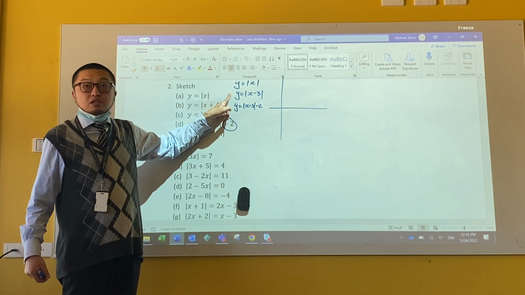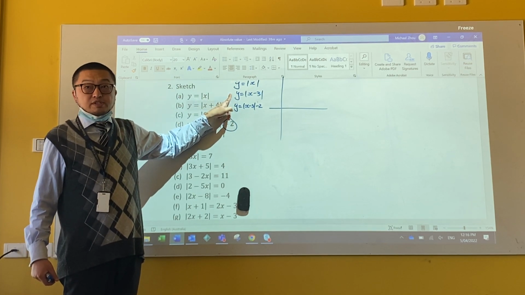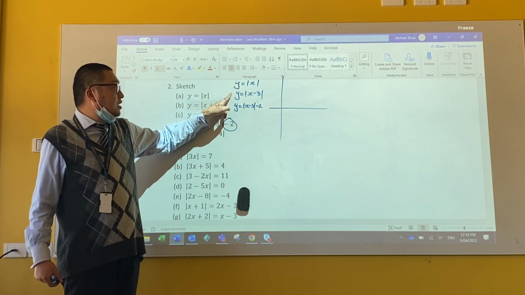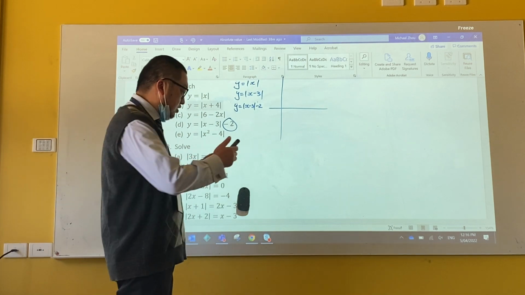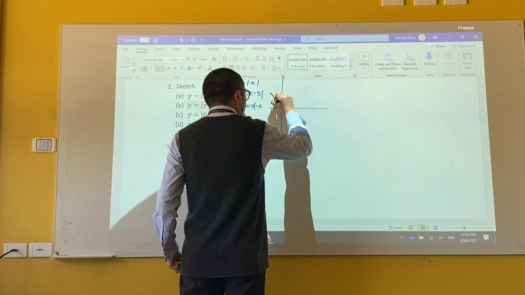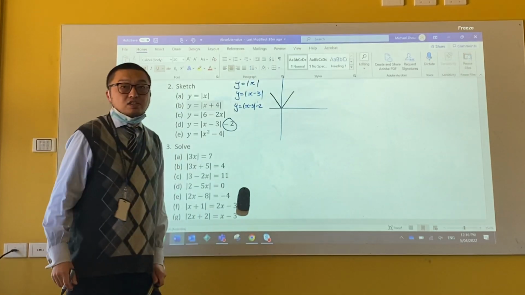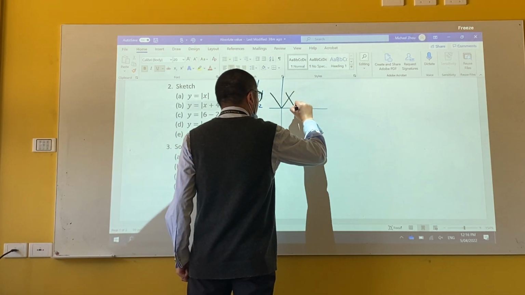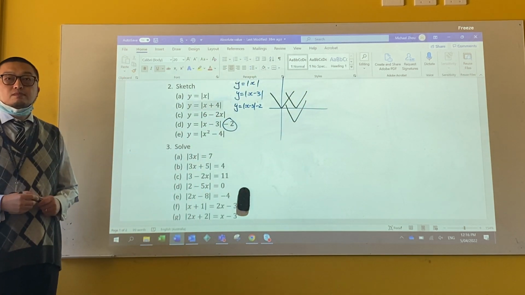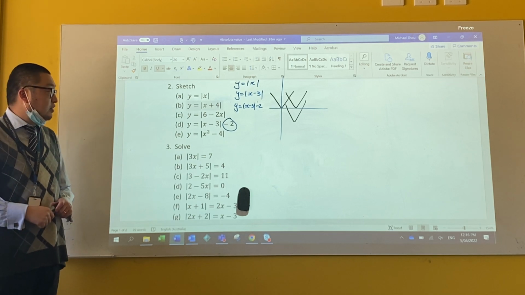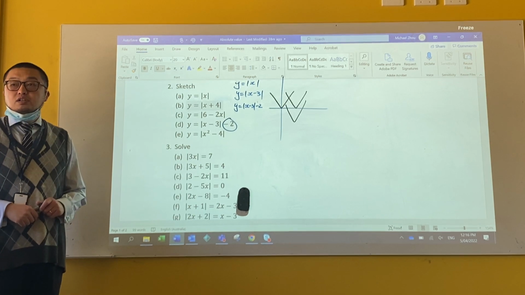From here to here, it's last week's stuff. It's horizontal translation, right? From here to here, what happened? Down. Perfect. So originally we had that. Now we had this. Then we had that. Very, very good.